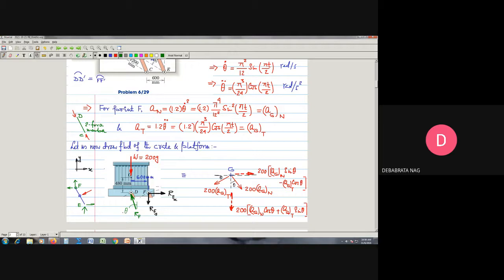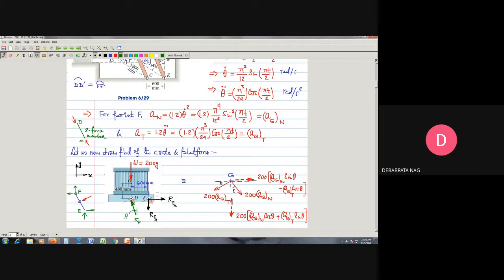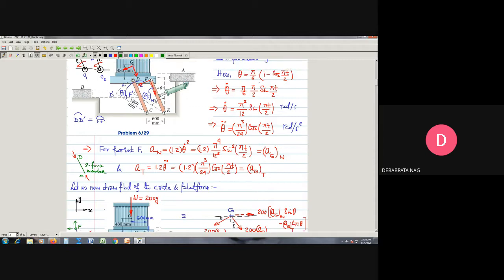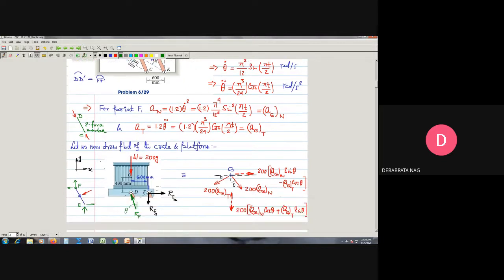At any point of time this is your angle theta, where theta as a function of time is given by this particular equation.